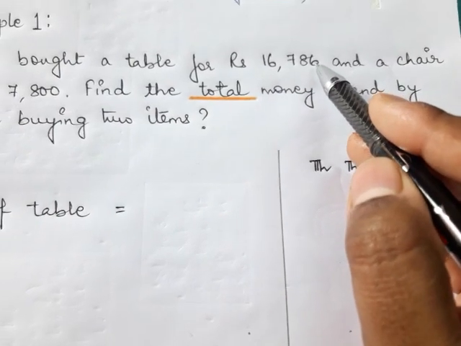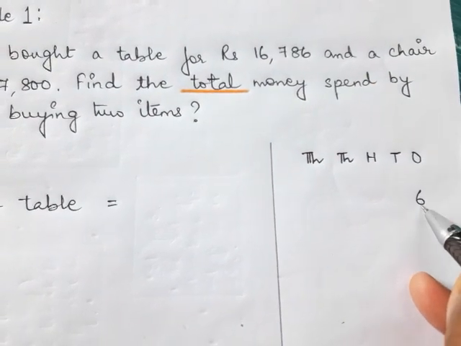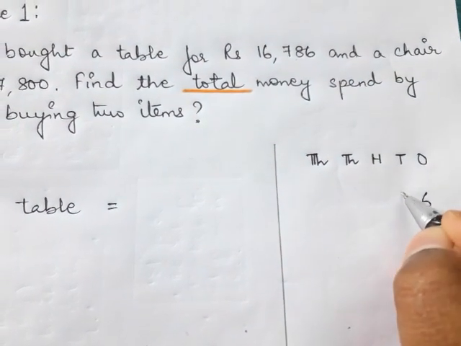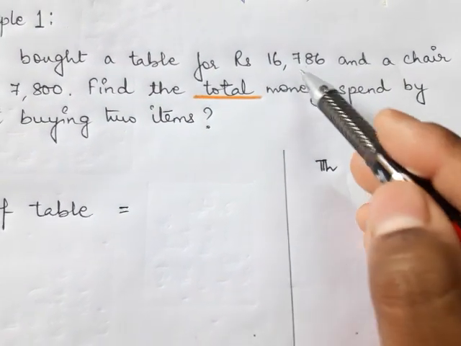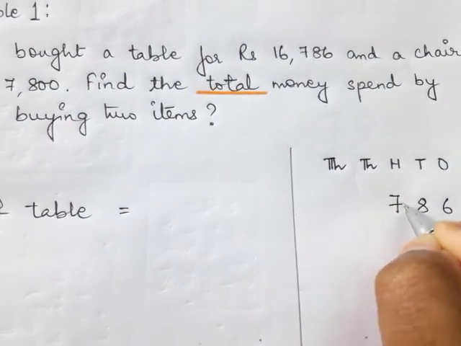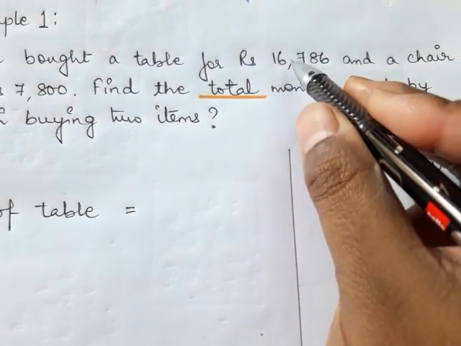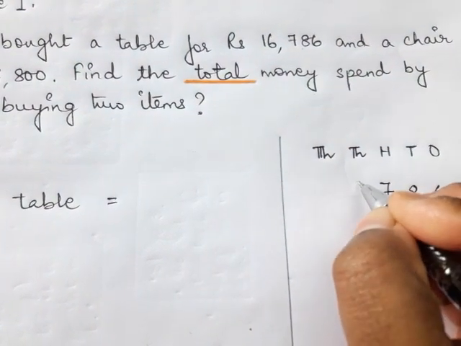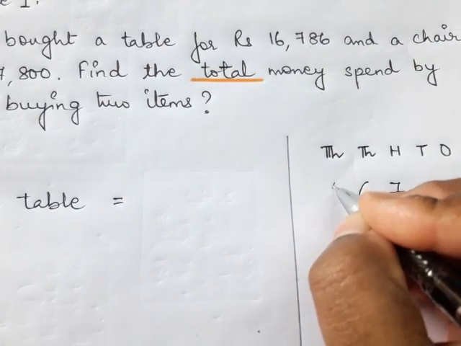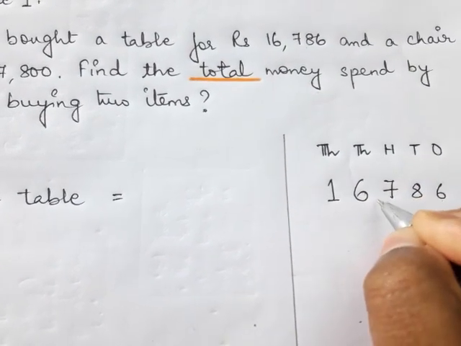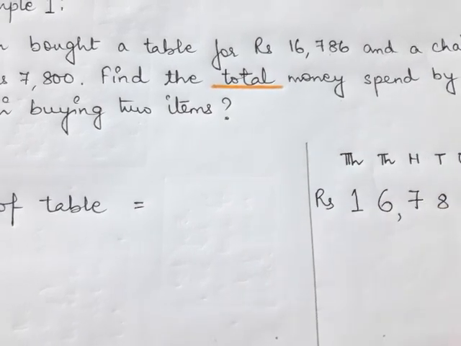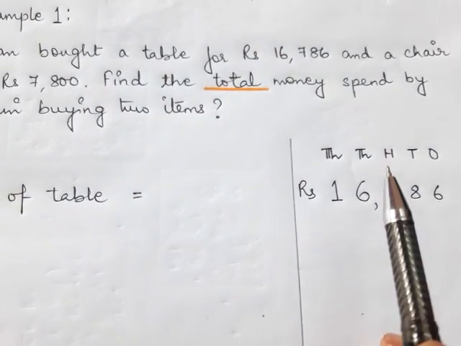See, 6 is in ones place, so I'll write 6 here. 8 is in my tens place, so I'll write 8 here. 7 is in my hundreds place, I'll write 7 here. 6 is in my thousands place, I'll write 6 here. And 1 is in my 10,000s place, I'll write 1 here.